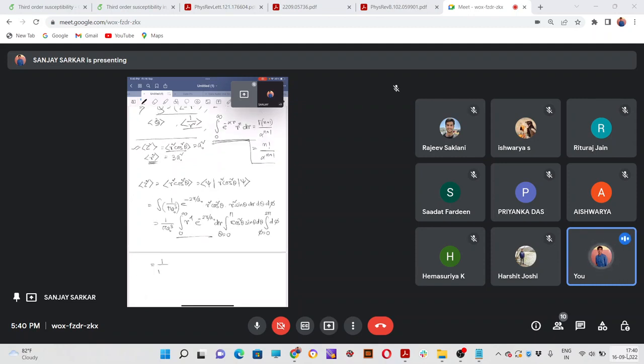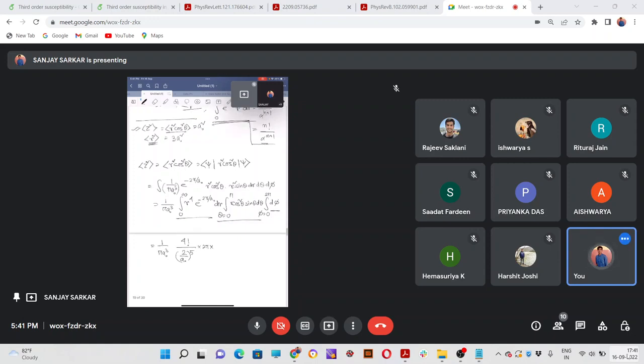So 1 by pi a naught cube, in this case n equal to 4 and alpha is 2 by a naught. So if we use this formula directly, then factorial 4 by 2 by a naught to the power 5, and this phi integral will give us 2 pi. So we only need to calculate this theta integral.